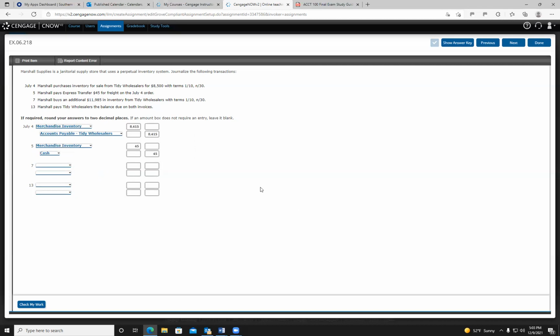Now let's look at the transaction for July 7th. Marshall buys an additional $11,985. So $11,985 times 1% is going to give you a discount of $119.85.